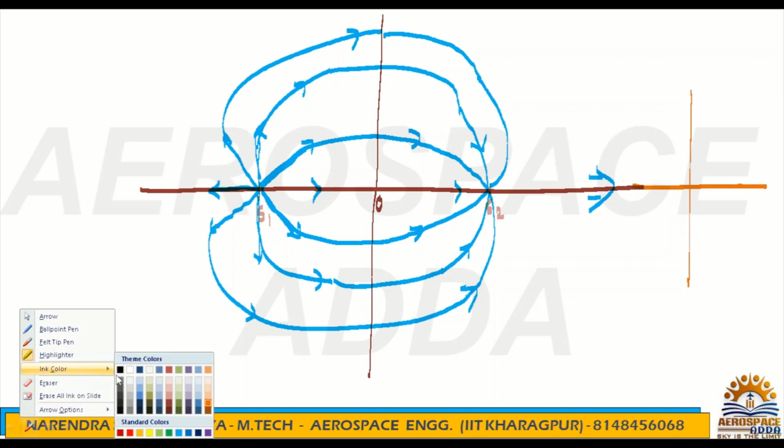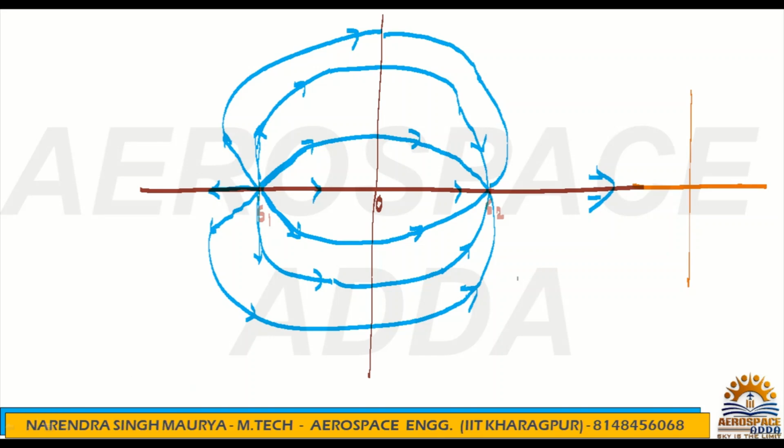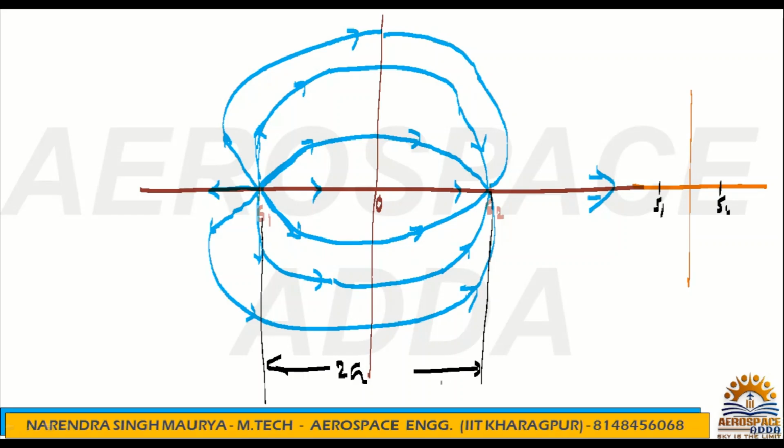This one you can make S1, this one S2, both at finite distance. This total distance is 2a. If you see the pattern, in a small diagram I will draw, initially it will have a plot something like this.